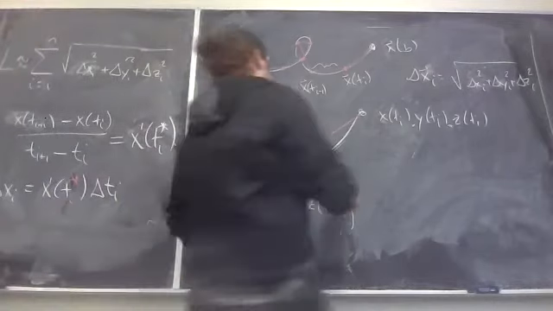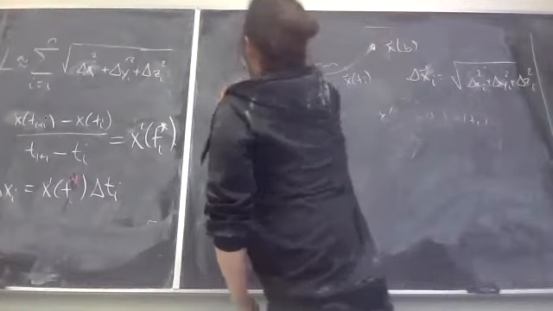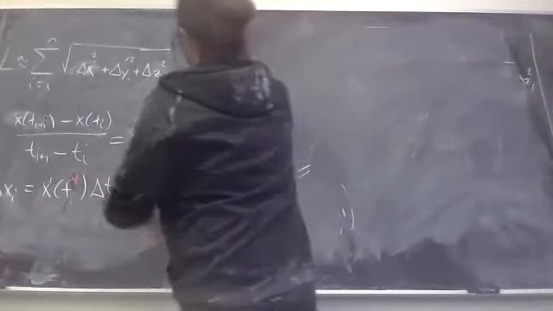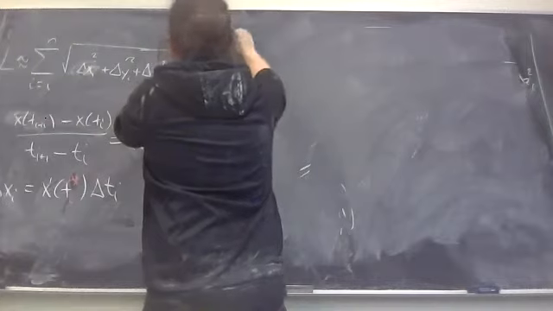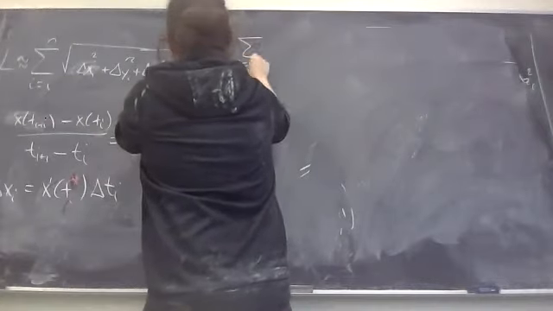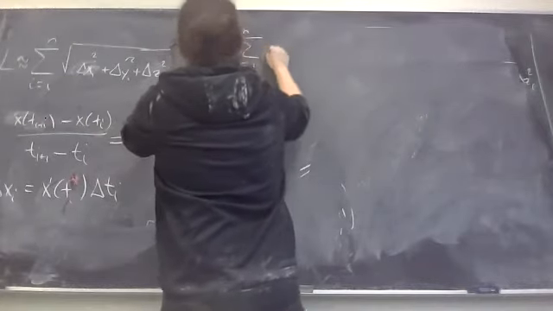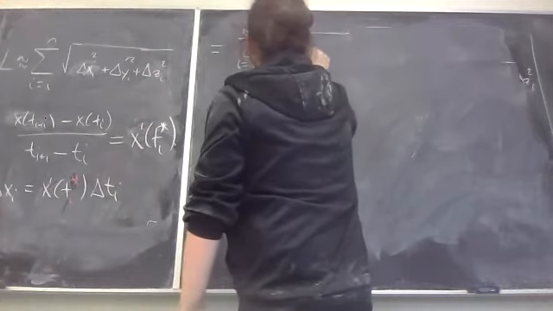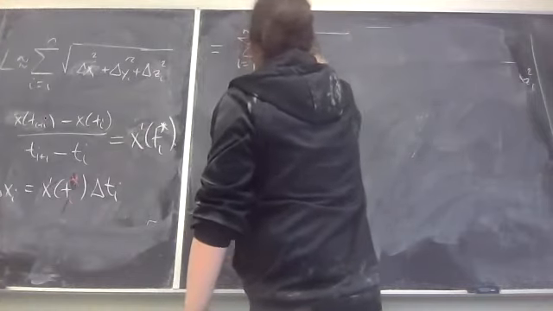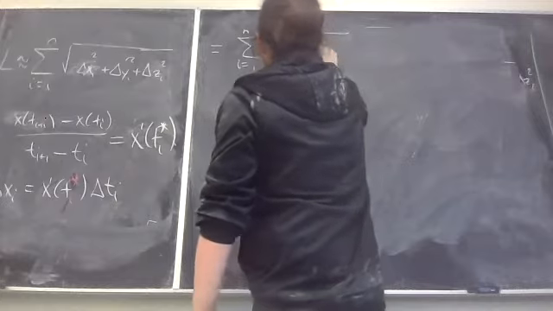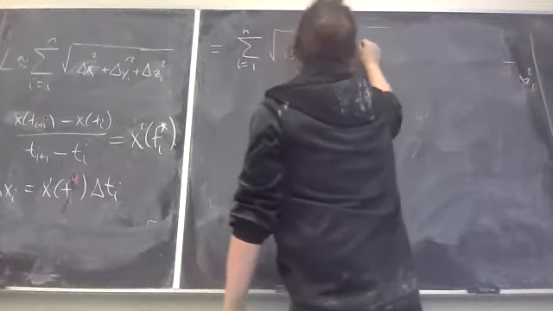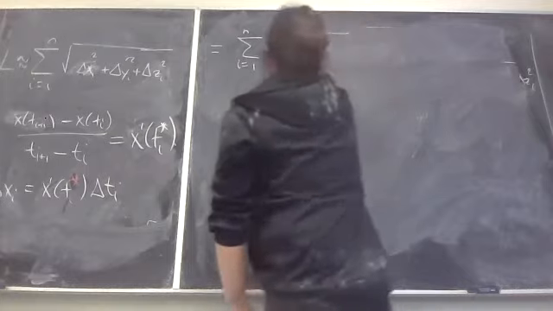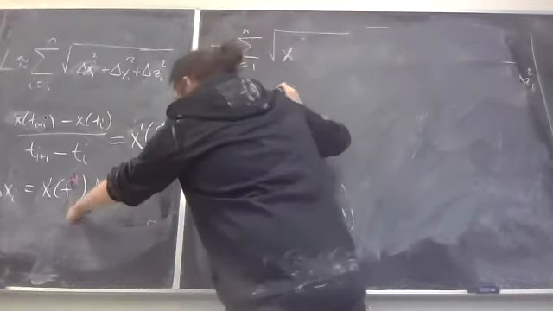Once we know that we have the mean value theorem, and I can do this derivative approximation, I just say this thing is actually equal to the sum from i equals 1 to n of the square root of, we should be a little tiny bit careful here, delta xi squared plus delta yi squared. We're going to use this substitution.